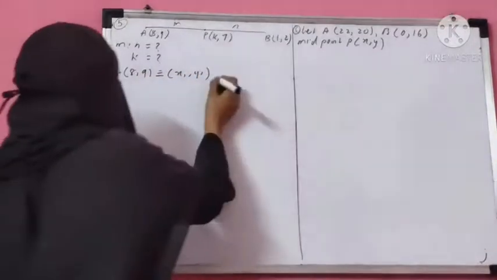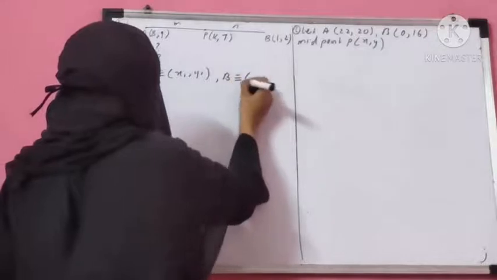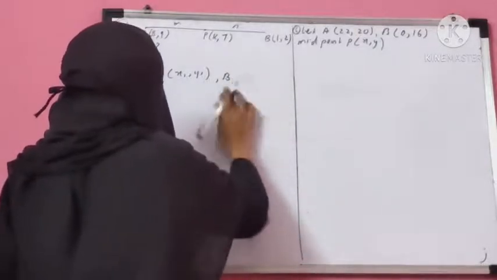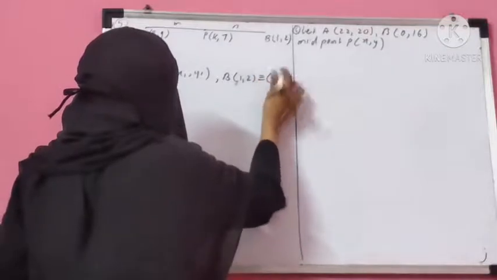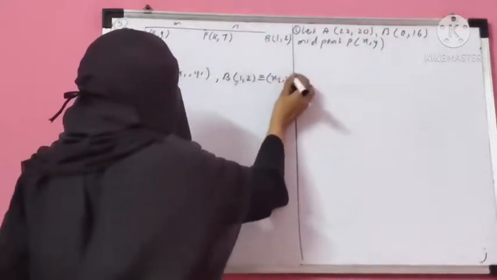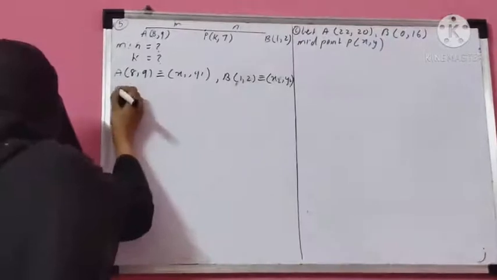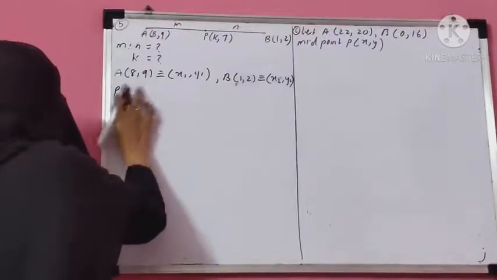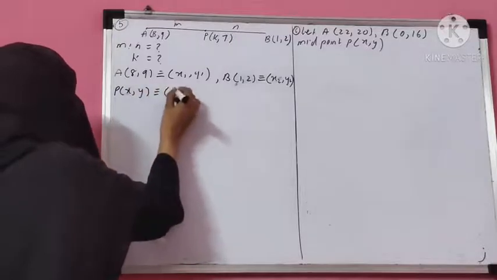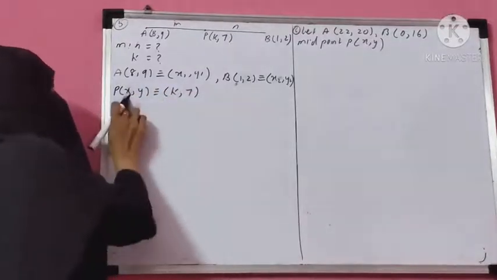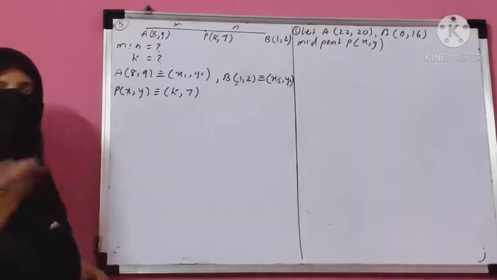And the coordinate of B, that is (1, 2), is nothing but x2 and y2, the second point. And the coordinate of point P, as it is the section point, is nothing but x and y. This coordinate is (K, 7). So K is the x coordinate and 7 is the y coordinate.